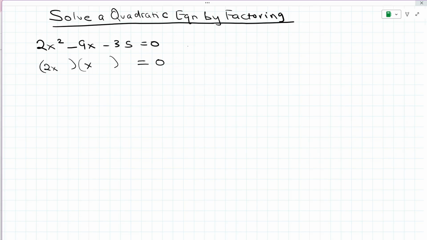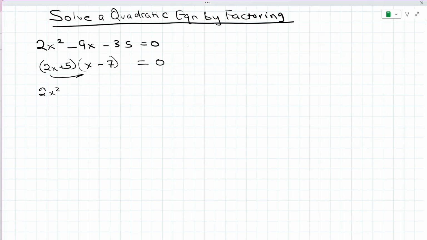So if we are talking about minus 35, we really should be talking about minus 7 and plus 5. Now, it could be the other way around, minus 5 and plus 7. So it's a question of trial and error.